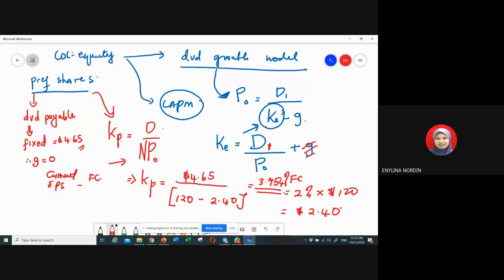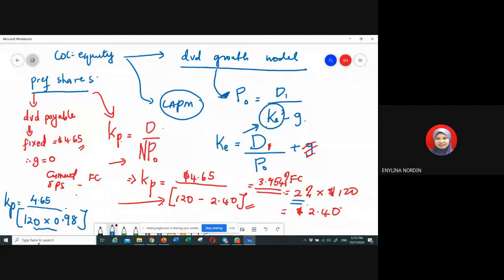For the denominator, it's up to you. Either use this way, or if you look at the example solution, you can use this way: RM4.65, this is for the KP again, divided by 120 multiplied by 0.98. It's the same; this is a shortcut, because the flotation cost was 2% of the market value.